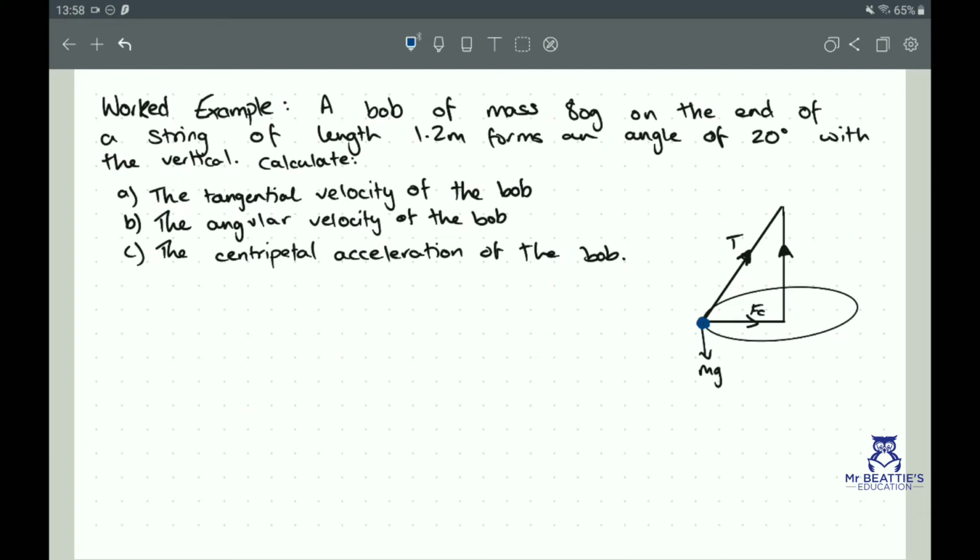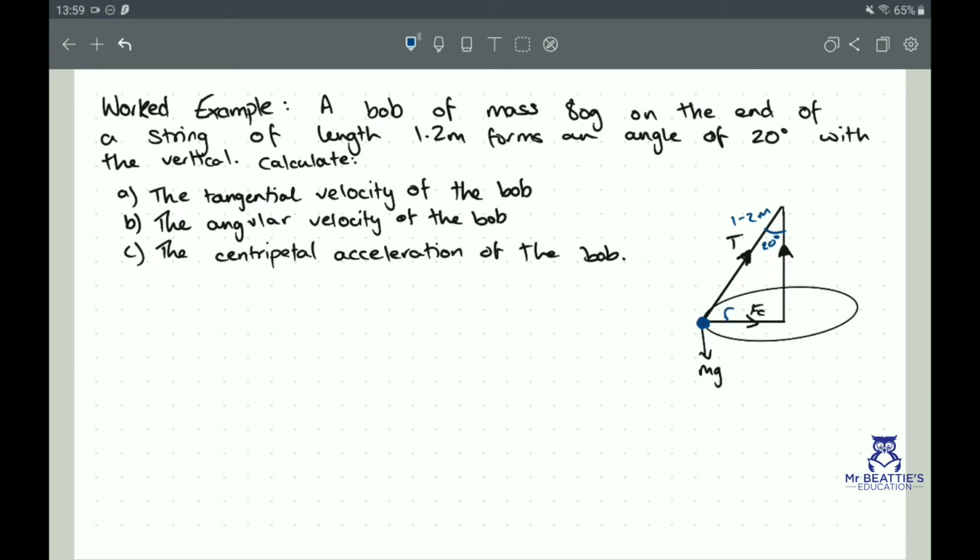Now, in order to work out any of those things, we need to first work out the radius of the circle. If we know that this L is 1.2 meters and we know that this is 20 degrees, then the radius, which we've got written on here along the FC line, would be r.